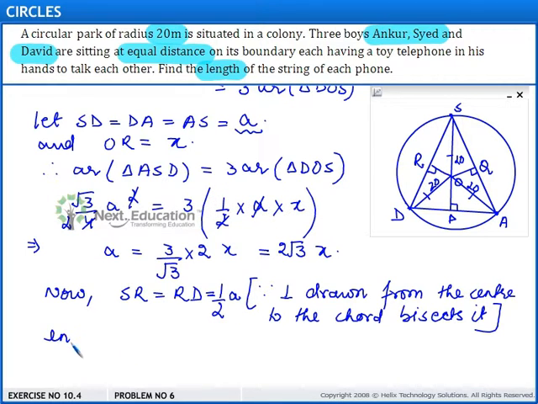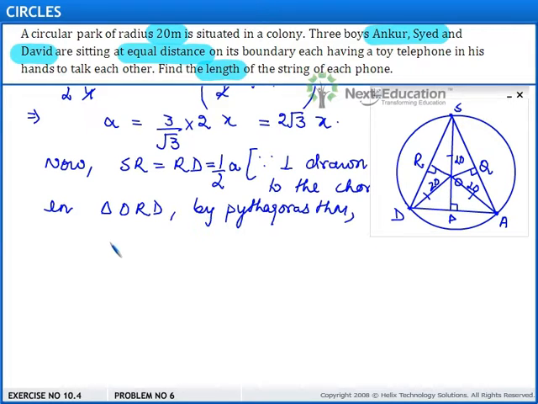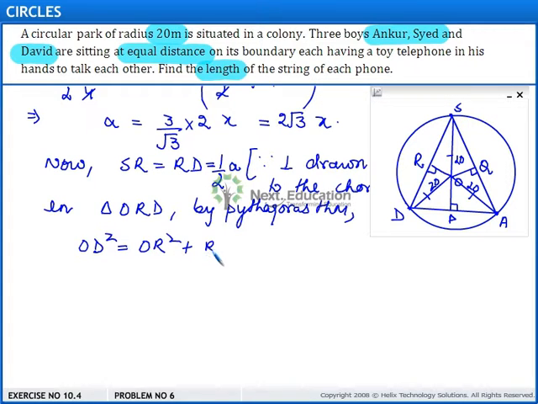Now, in triangle ORD, by Pythagoras theorem we have OD square is equal to OR square plus RD square.